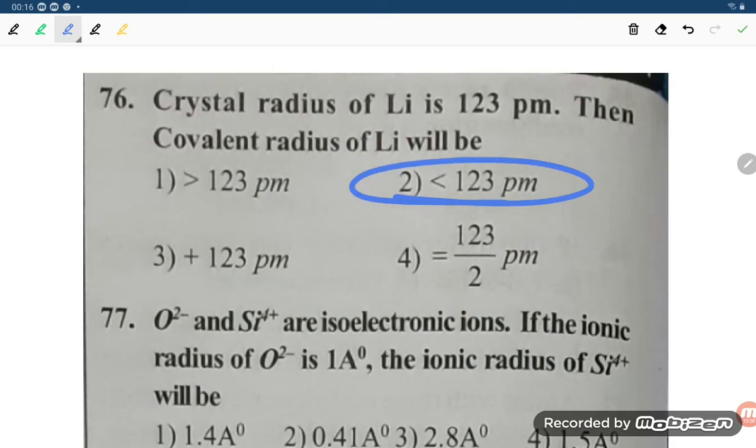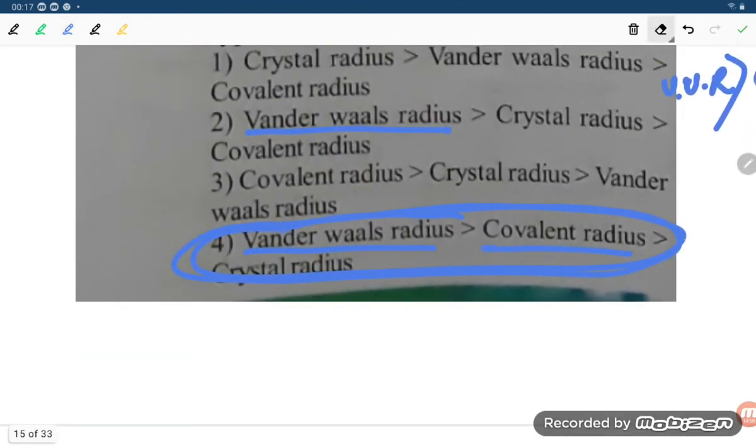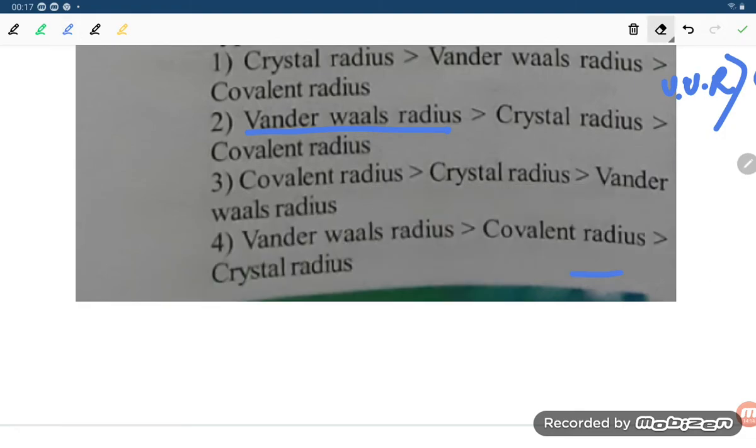Crystal radius of Li is this much, then covalent radius will be less, student. I think this problem is correct only. Whatever we wrote here is not the correct answer, student. The order will be this one. Option number 2 is correct, student.